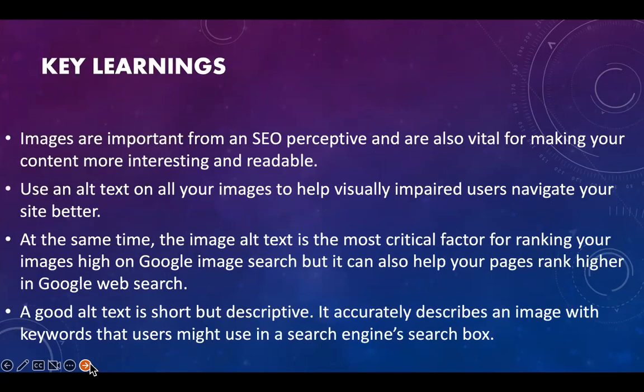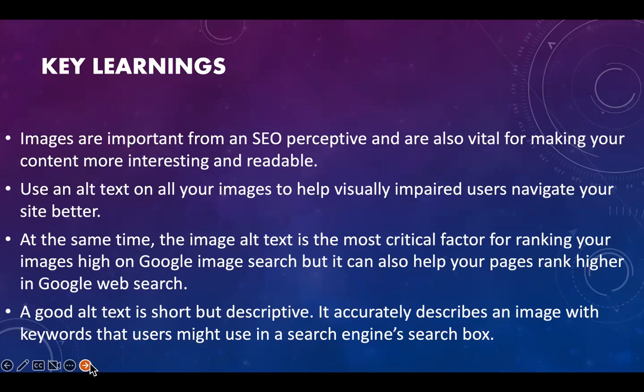So what are the key learnings from image optimization, images and SEO? Images are important from an SEO perspective and are also vital for making your content more interesting and readable. So use an alt text on all your images to help visually impaired users navigate your site better.